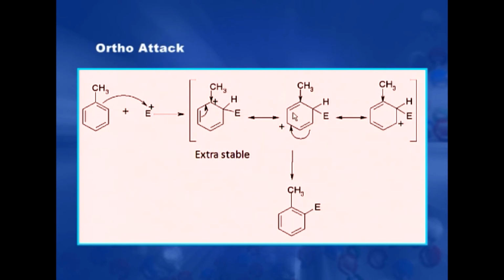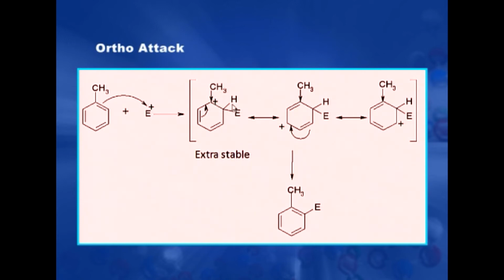There is resonance between these three structures, and now see in this first structure the positive charge is present on that carbon which is directly linked to the methyl group, and the methyl group has an electron donating inductive effect. So, it stabilizes this positive charge more. That is why this is the extra stable resonating structure. Now, these two are also contributing, but this is the most stable.